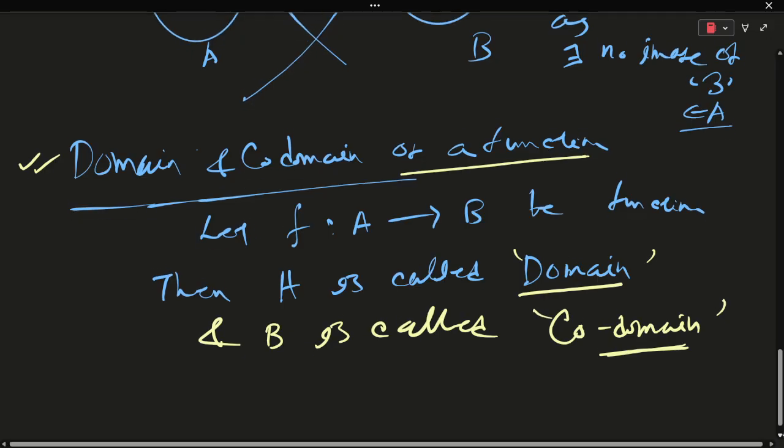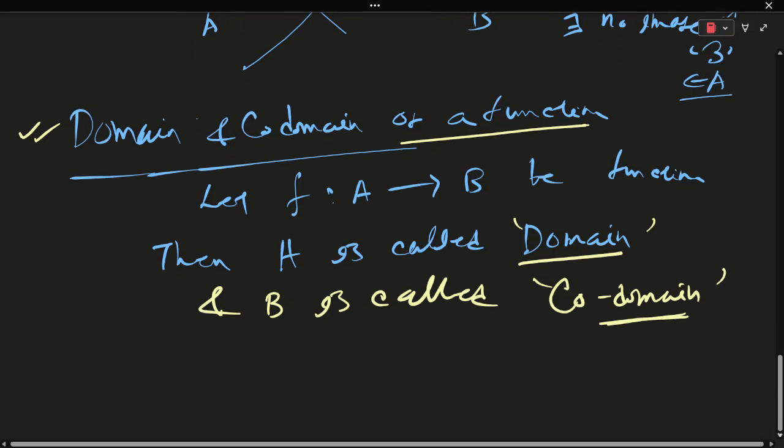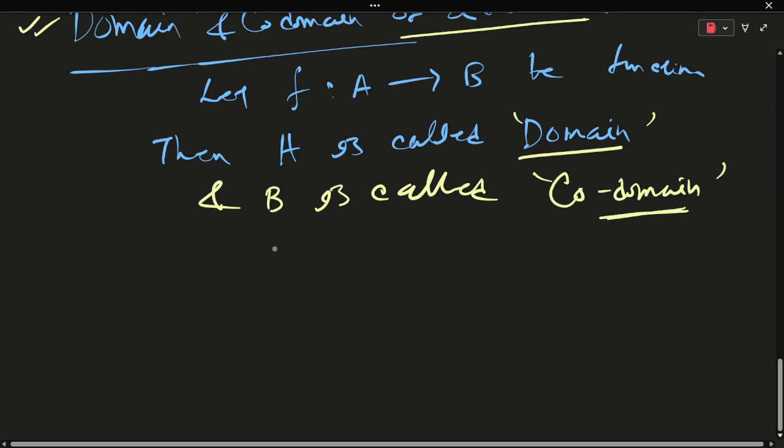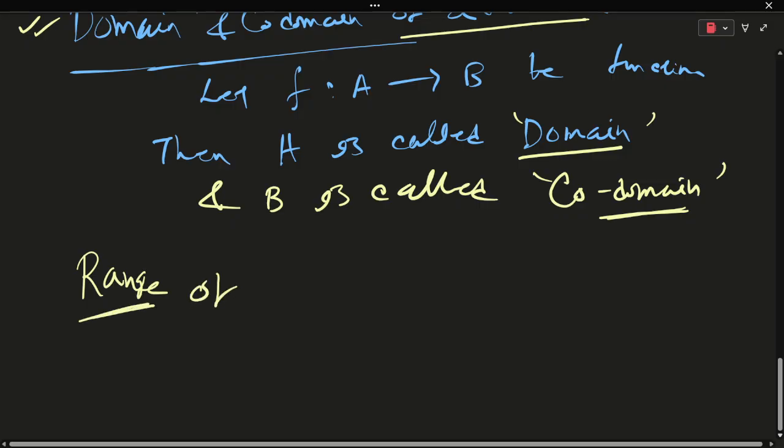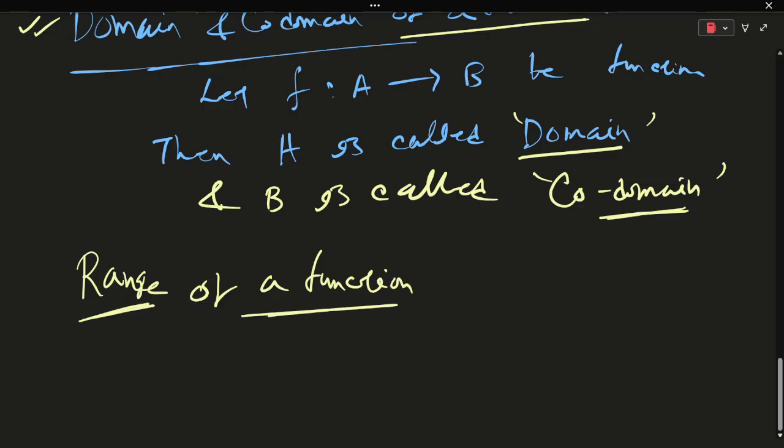Every element maps to an element of B, and this map is actually the definition of the function. Okay, next term is range. Range is another term, a range of a function. And this term range is for a function, not a relation.